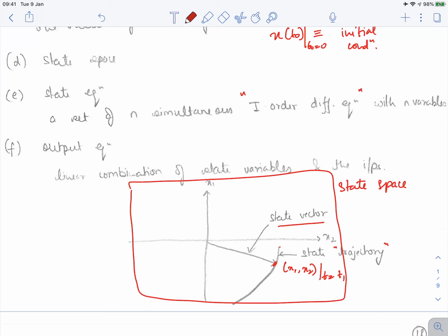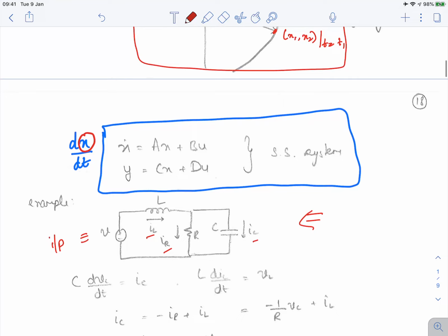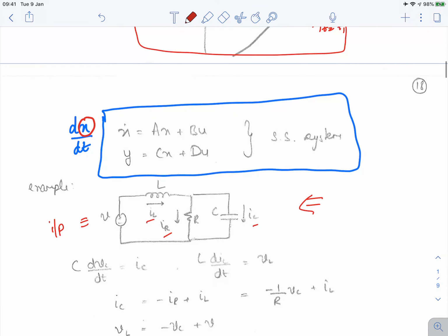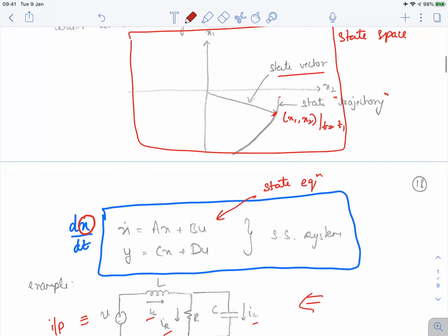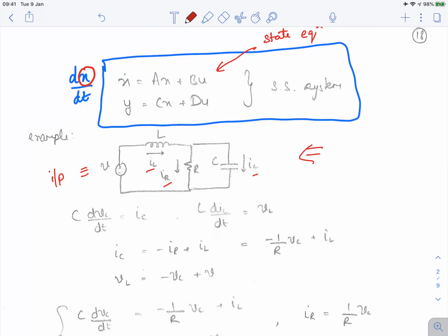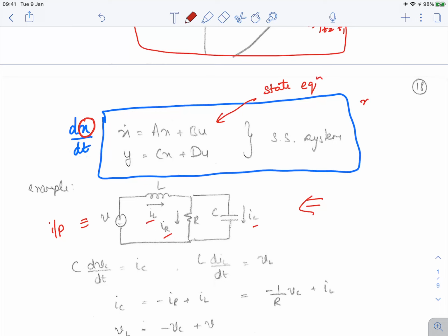Now come to these two main important equations. The first equation, we call it the state equation, where I have x dot is equal to Ax plus Bu. Now if x is a vector, let's say x is two dimensional, let's write x is equal to x1, x2.